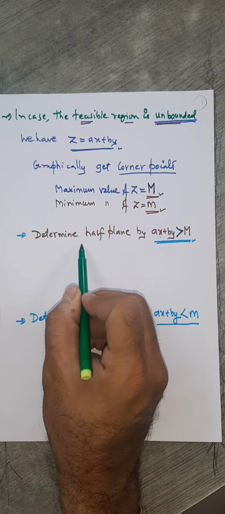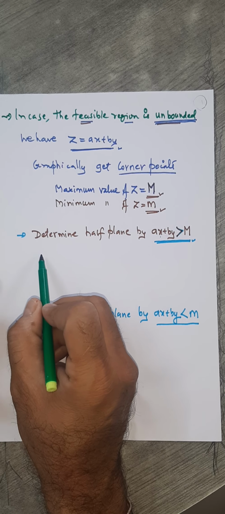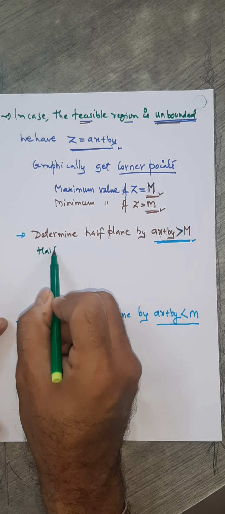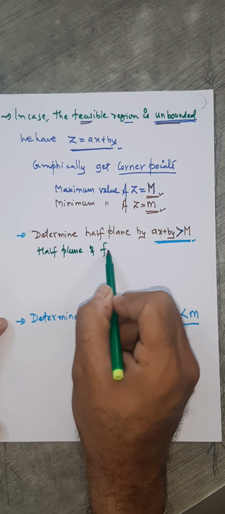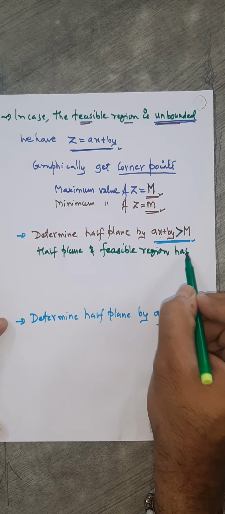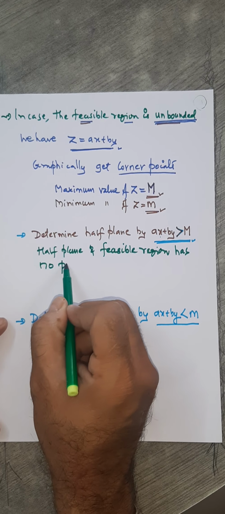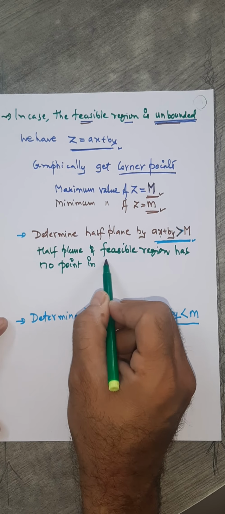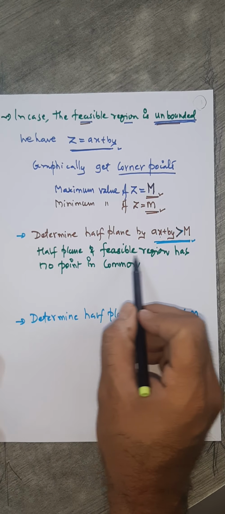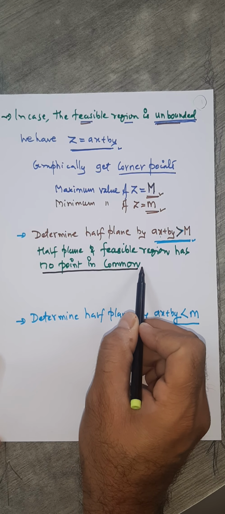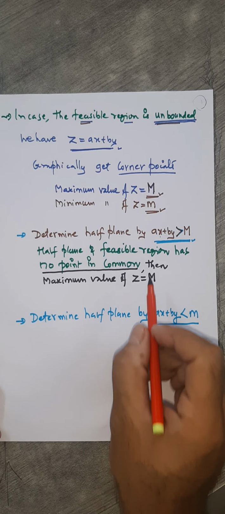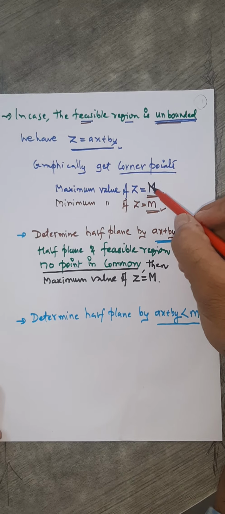Okay, now this is a concluding line from this. If the half plane and the feasible region have no point in common, then the maximum value of z equals M, which you found in the beginning.